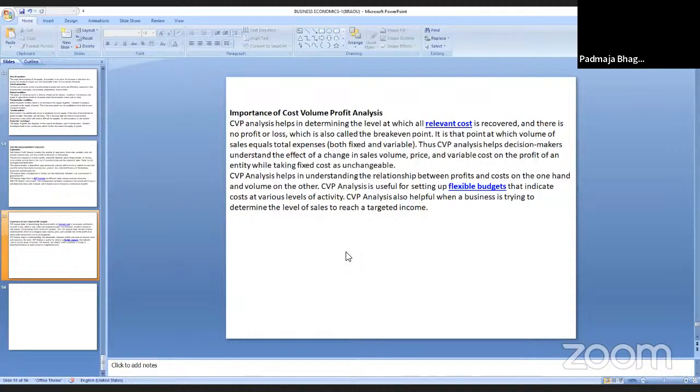It's not very high. So it is recovered and there is no profit or loss. Whatever income you have made, there should not be any profits, no losses. And that is also called the break even point.